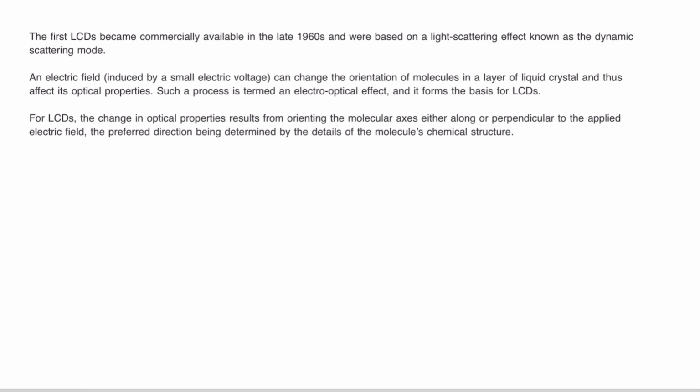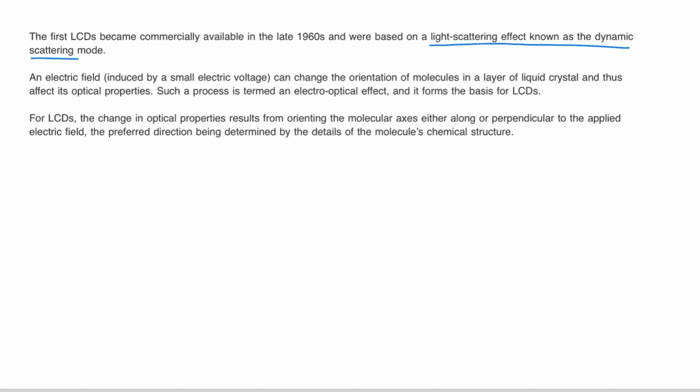Next, some more points related to LCD. The LCDs became commercially available from the late 1960s and are based on the light scattering effect known as dynamic scattering mode. So the principle of operation of LCD is the light scattering effect. An electric field can change the orientation of molecules in a layer of liquid crystal and thus affect the optical properties.